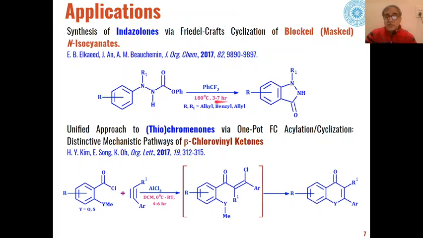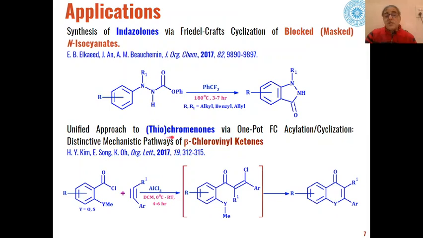So when they are reacted with trifluorotoluene at 180 degree centigrade, this will break from this place, and a carbocation, an acylium cation, will be generated when they are heated at 180 degree centigrade. Then this acylium cation will attack the ortho carbon, and this will undergo cyclization through Friedel-Craft acylation reaction to give us indazolones as the product.